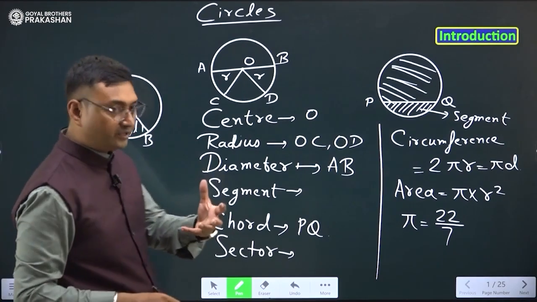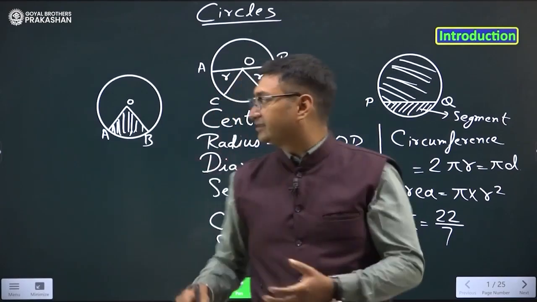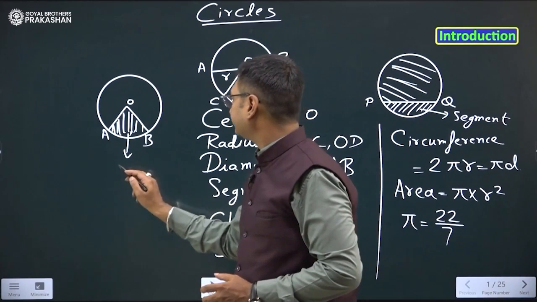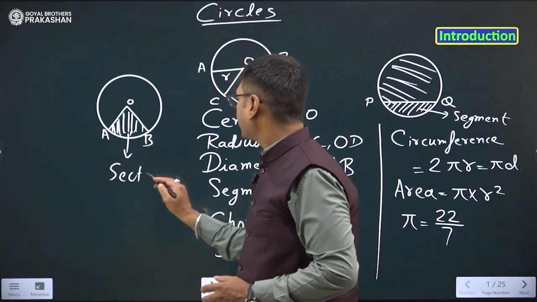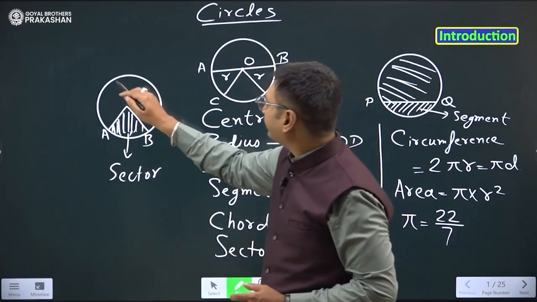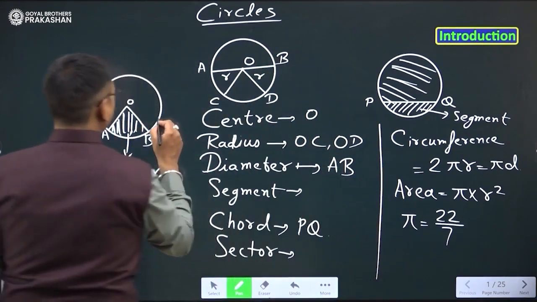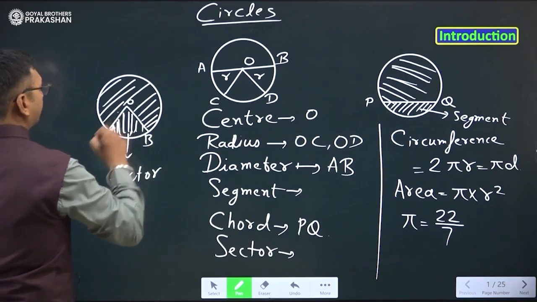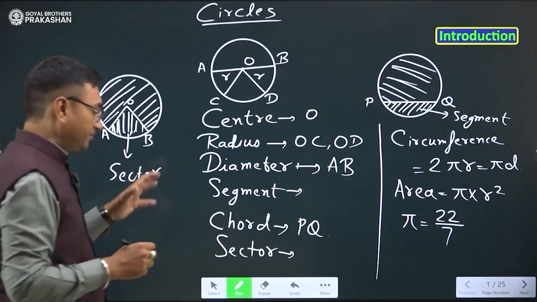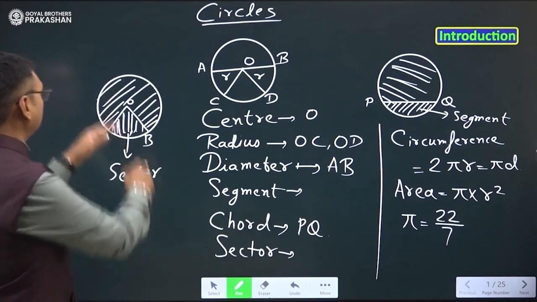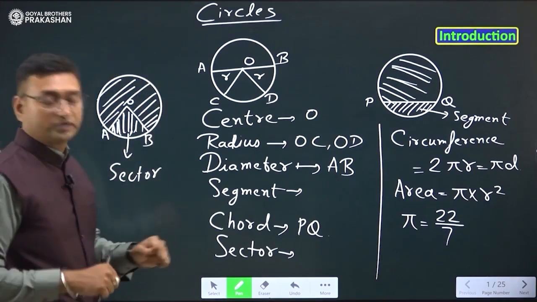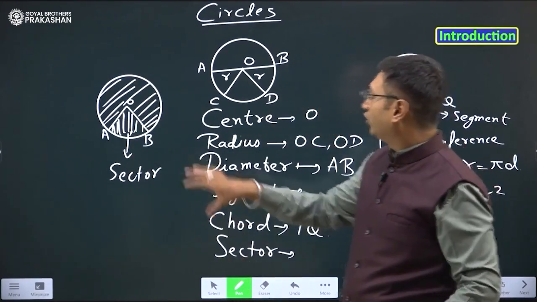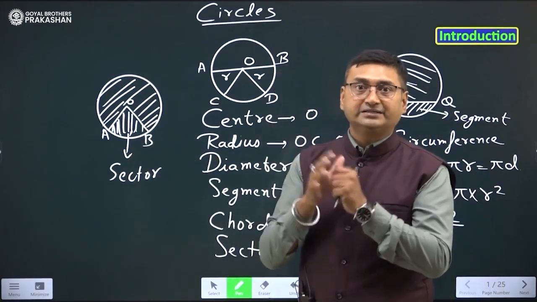For example, if you have a part of the cake like this, but it should join to the center, so this is a sector. The remaining portion is also a sector, because this is also the area between two radii and the circumference. So the uppermost portion is the major sector and the lowermost part is the minor sector.